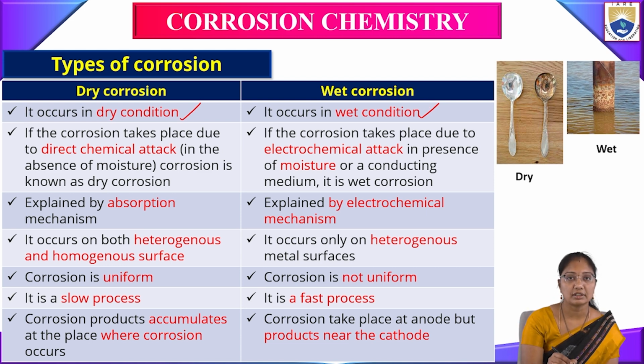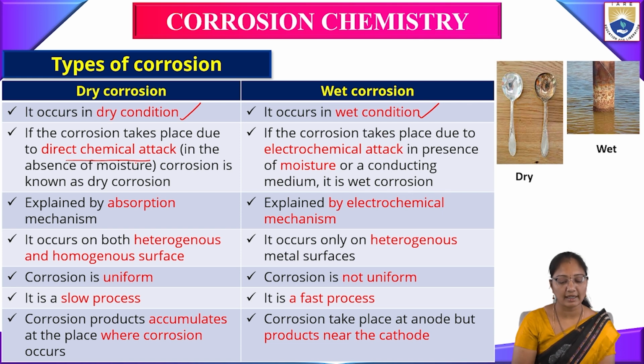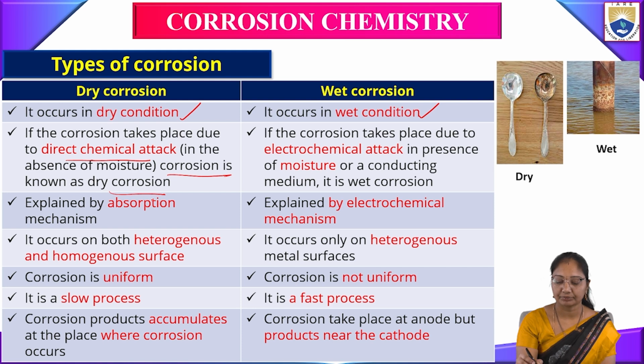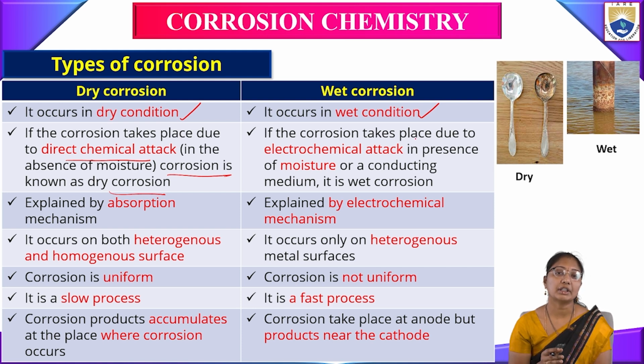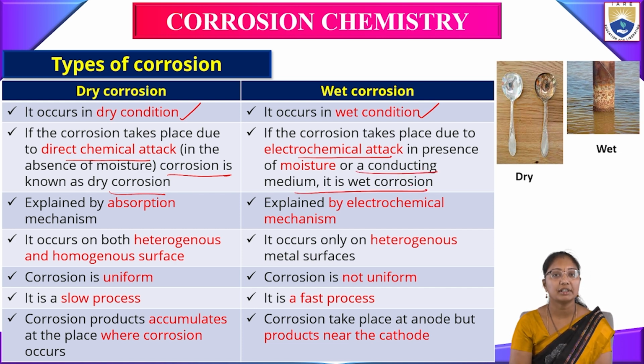If the corrosion takes place by a direct chemical attack in the absence of moisture, it is carried out in dry conditions, and this is known as dry corrosion, or chemical attack. Wet corrosion is an electrochemical attack in the presence of moisture, means in the presence of humidity or a conducting medium.